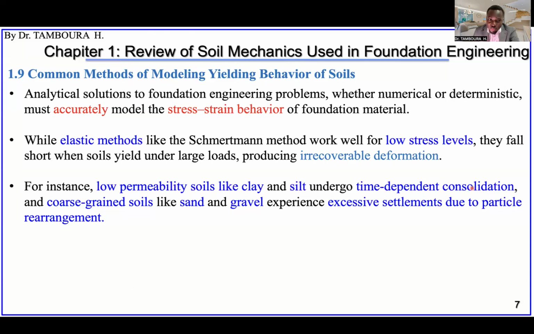However, if we take, for example, coarse-grained soil like sand or gravel, we have excessive settlement due to soil particle rearrangement.